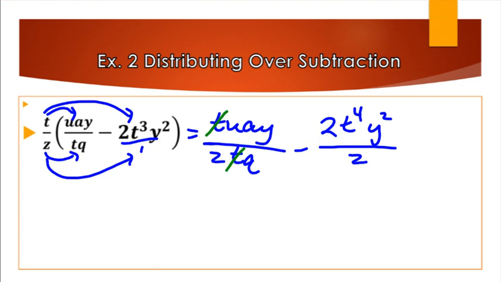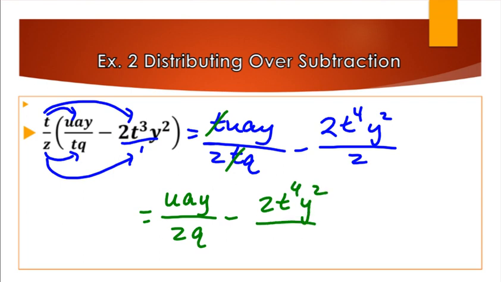T's divide each other out, so I'm left with uay over zq minus 2t to the 4th y squared over z. And then I look at my variables in the denominator, z, q, t, and those all cannot equal 0.